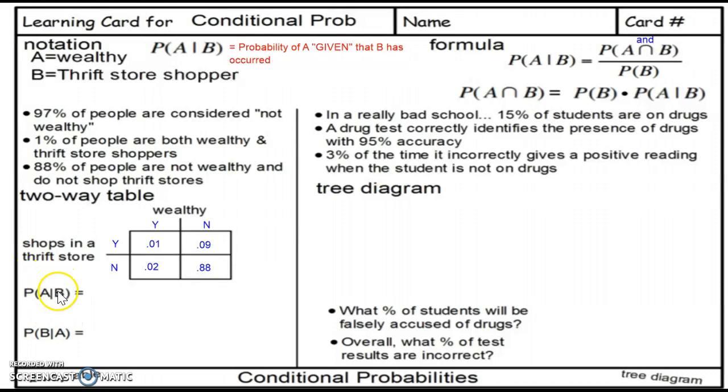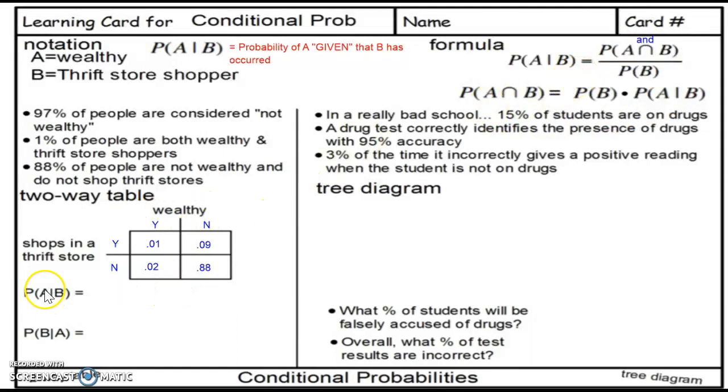If A and B flip spots, then all of the A's and B's up here would flip spots as well. Another rule that we have is the multiplication rule: the probability of A and B is equal to the probability of B times the probability of A given B. That's another useful formula that is derived from our conditional probability formula.